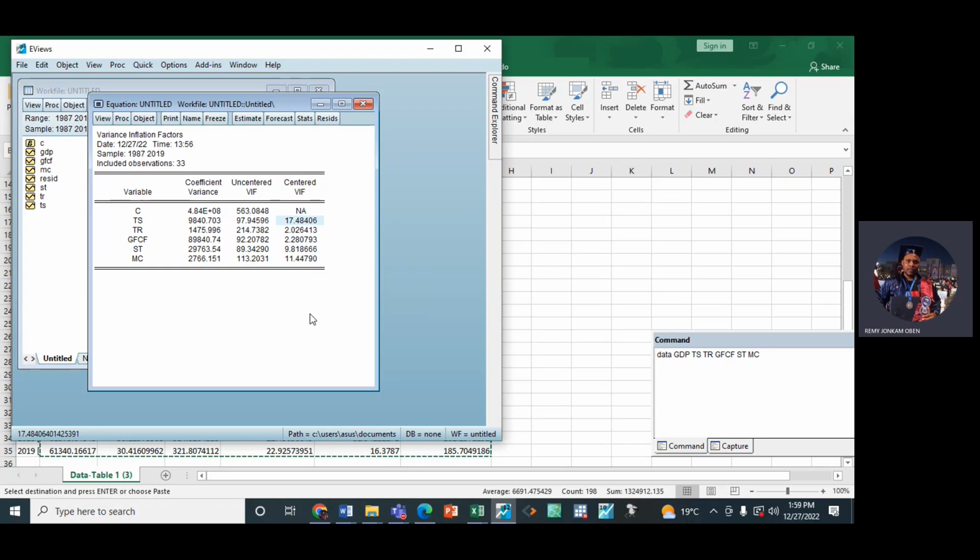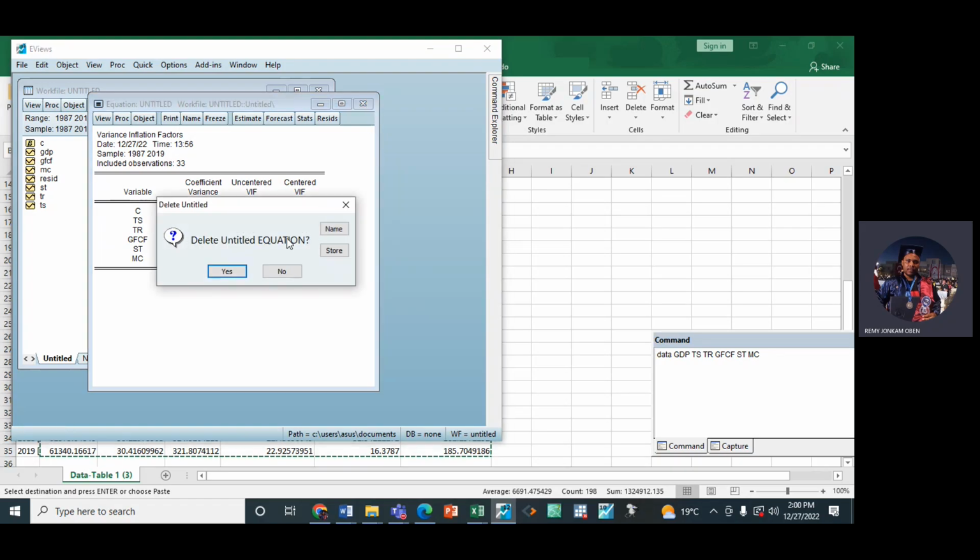So if any of the VIF is above 10, it means we have multicollinearity. For the correlation matrix, if any of the correlation coefficients is higher than maybe 80-85%, we can say we have multicollinearity. Again, multicollinearity is only for the regressors. It has nothing to do with the dependent variable.